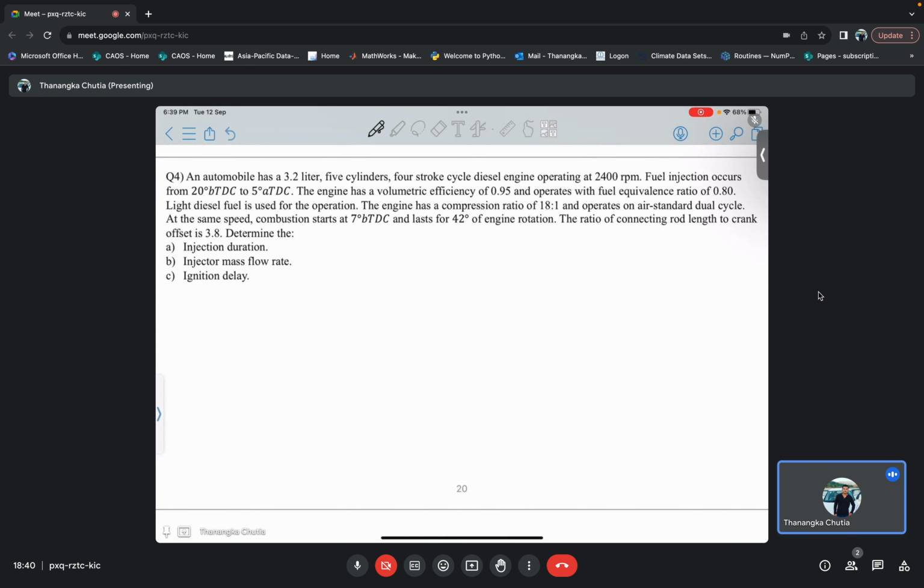Light diesel fuel is used for this operation, and the engine has a compression ratio of 18:1, and operates on air standard dual cycle. At the same speed, combustion starts at 7 degree before TDC and lasts for 42 degree of engine rotation. The ratio of the connecting rod to the crank offset is 3.8. Determine the injection duration, the injector mass flow rate, and the ignition delay. Okay.